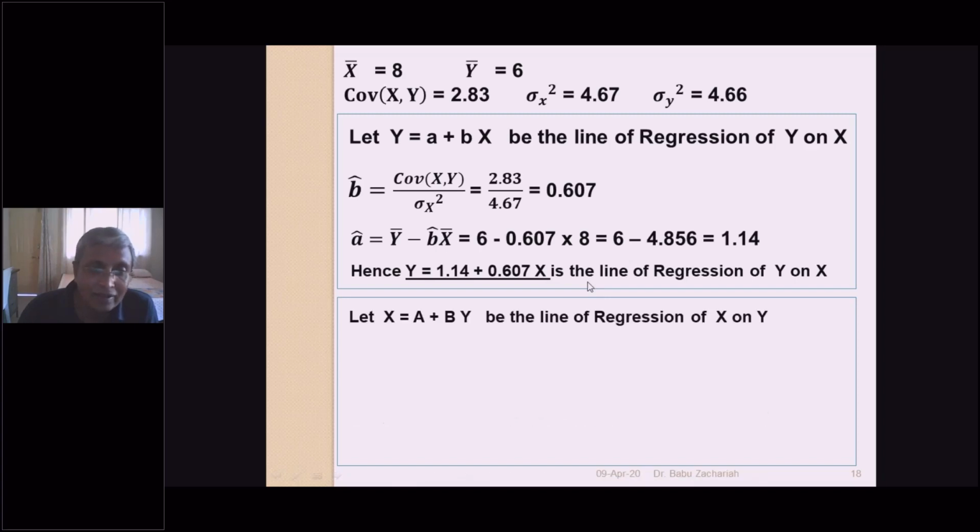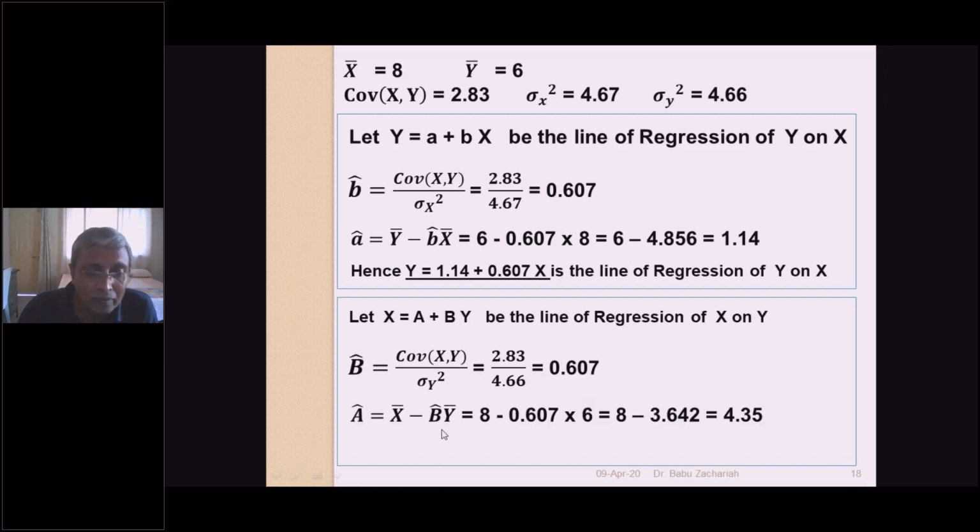Similarly, the next line, X is equal to A plus BY. So B hat will be covariance between XY by sigma Y square. That is 2.83 divided by 4.66. 0.607, and a hat is equal to x bar minus b hat times y bar. So x bar is 8 minus this b hat calculated times y bar.